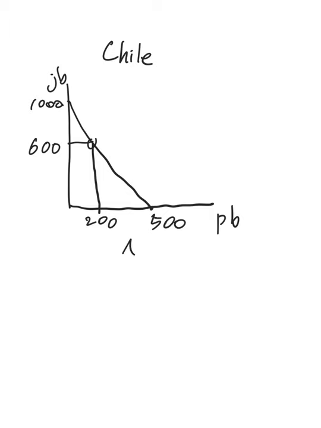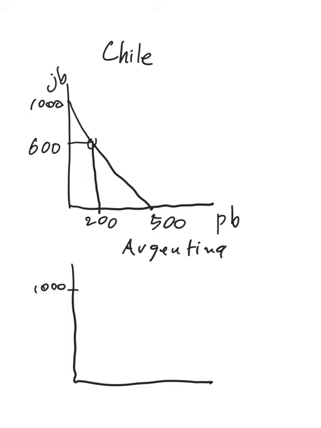Argentina, we have a matching diagram, so I'll try to put it on the same thing. Of course, it's not exactly to scale, and Argentina also starts at 1,000, but instead of going down to 500, it goes down at a steeper slope to around 330.